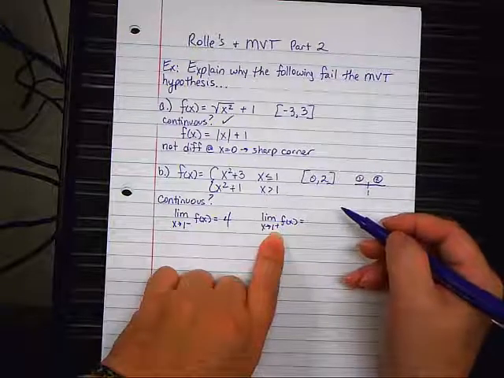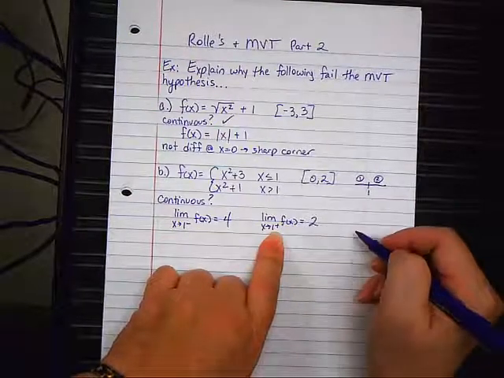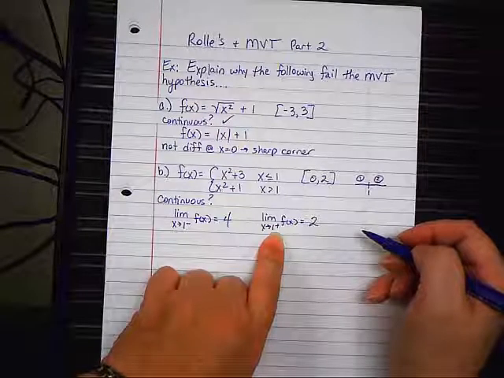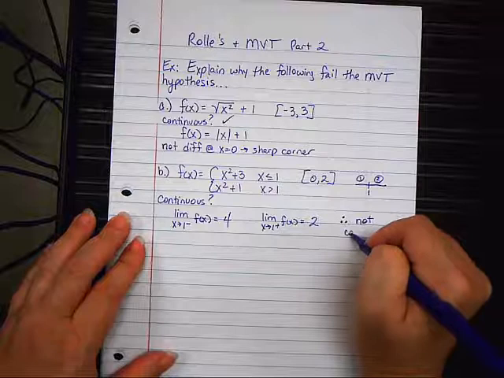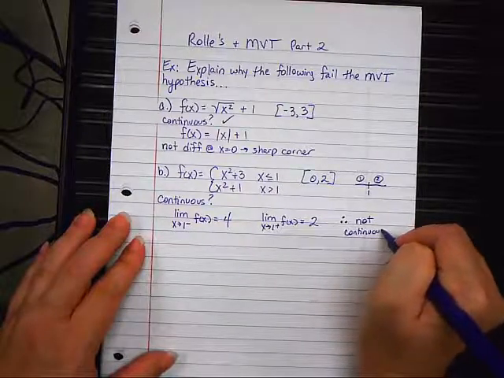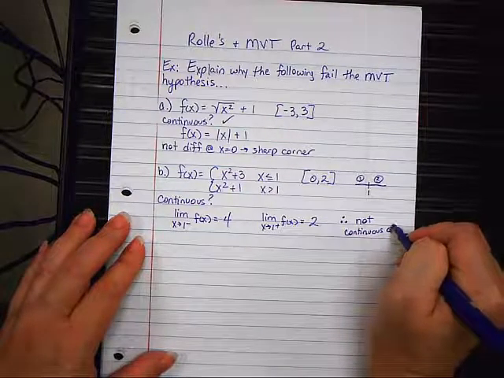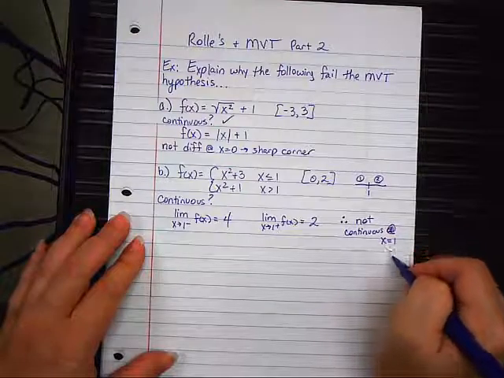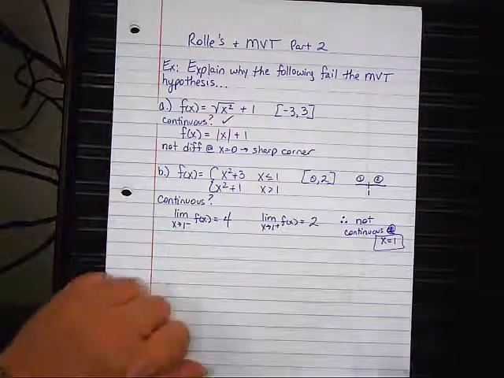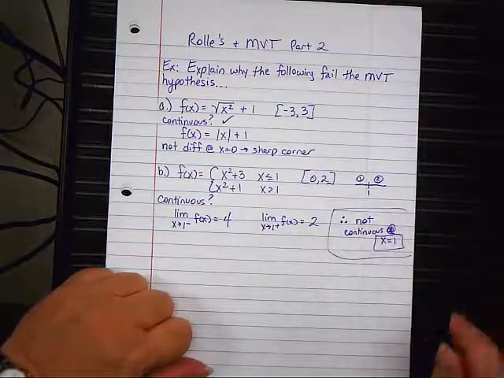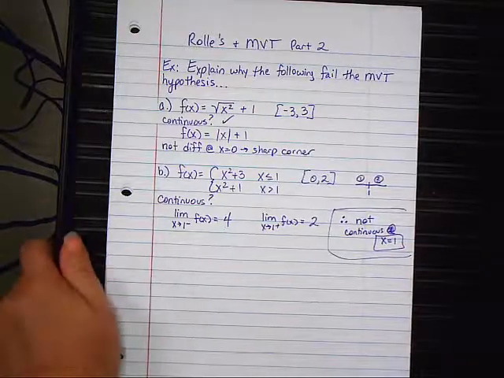What do I get? 2. Is it continuous? No. Therefore, it is not continuous at x equals 1. So that's where it failed. I shouldn't have boxed that because that looks like it's a candidate. That's where it's failing in the mean value theorem.